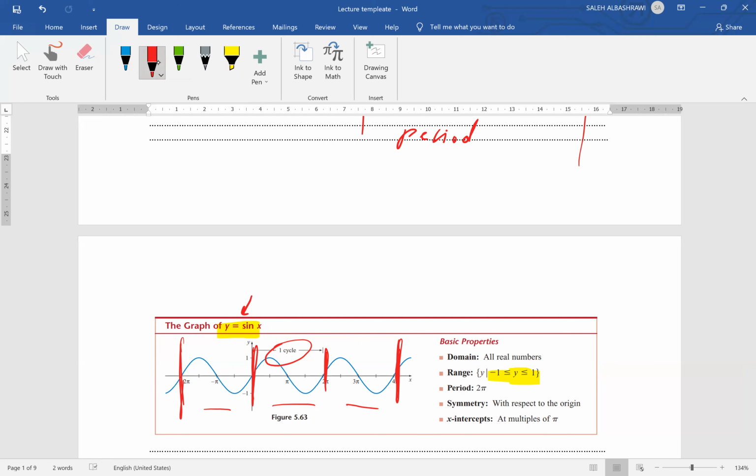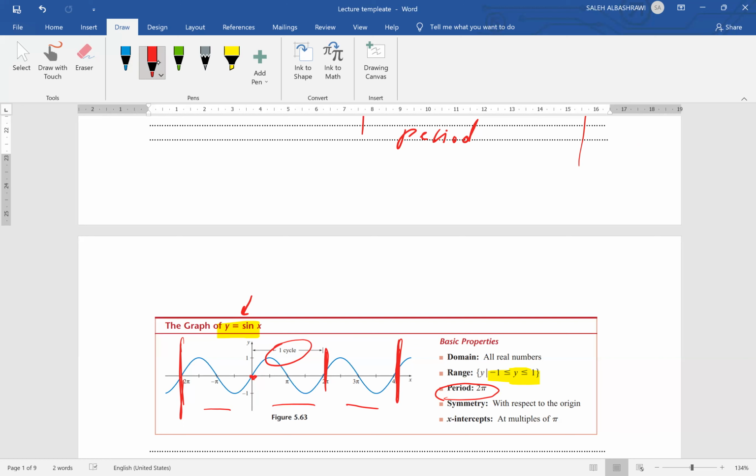Period is 2 pi. It is one cycle. Y equal to sine x, the period is equal to 2 pi. And this graph is symmetric with respect to the origin. The origin point, what is on the left will be symmetric to the graph on the right.